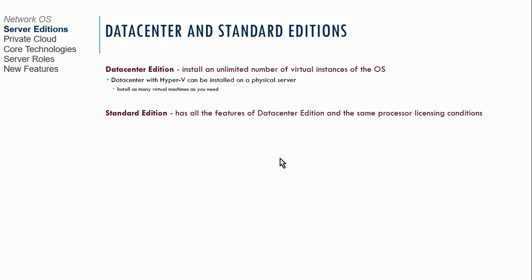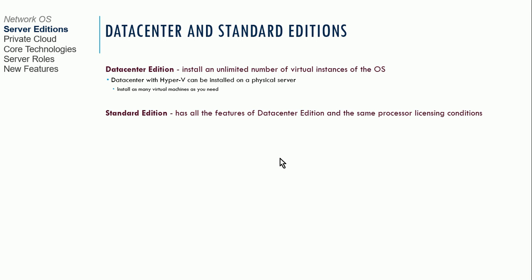And we'll talk more about what a private cloud is later on, but that is the platform that Microsoft markets for a private cloud. So you take a large piece of hardware, some really high-end hardware, you can install Data Center Edition, and then you can install Data Center Edition instances within that server as virtual machines. So it gives you a lot of flexibility.